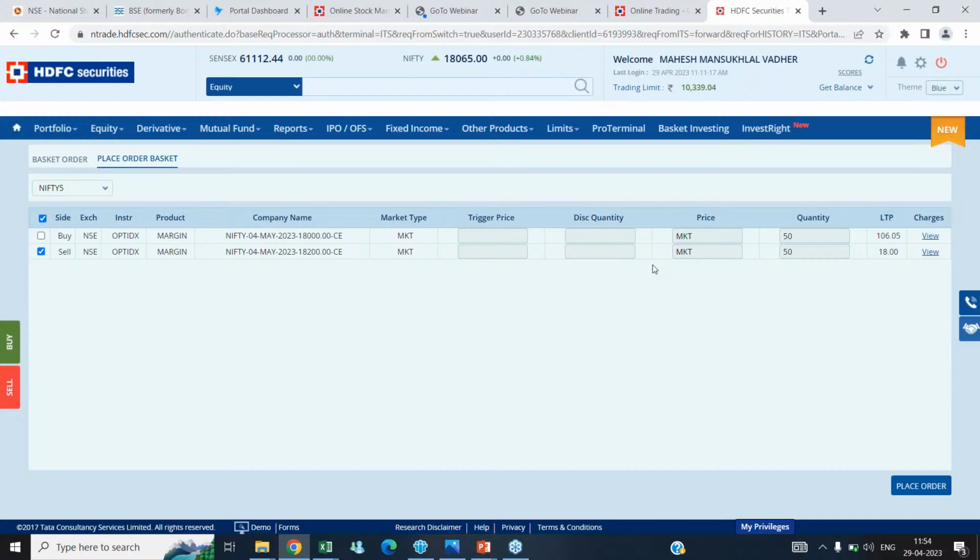But before that, make sure that whatever margin is required, you transfer your funds from your bank account to your trading limit, and then you can place this order from one single order window, that is, through the basket order functionality. So this is all about basket orders and the strategy margin calculator, and how you can calculate margin for the strategy which you want to do.